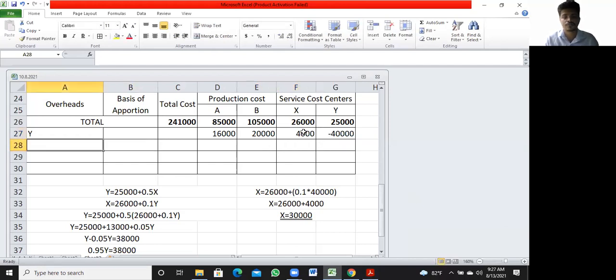Okay. Now Y, now X. The total cost belonging to X is 30,000. Now minus 30,000.